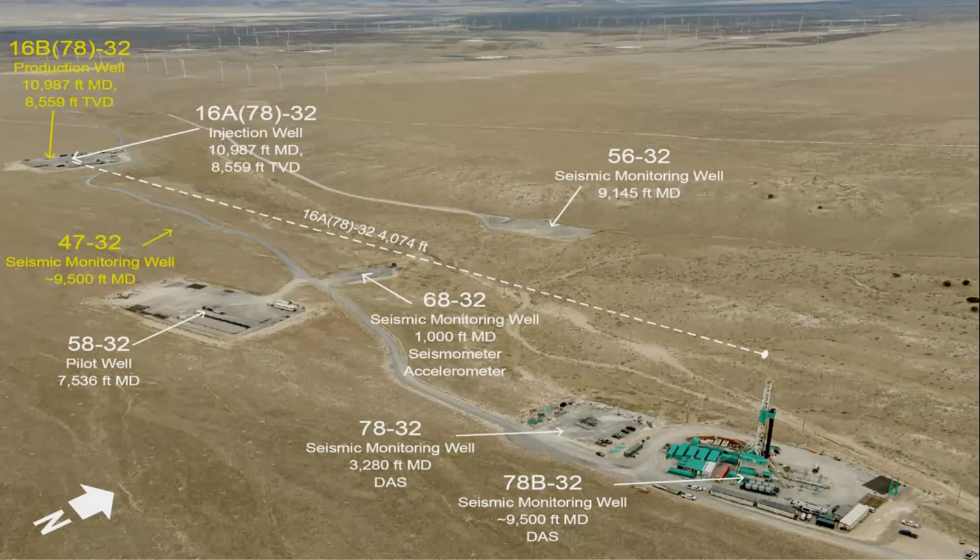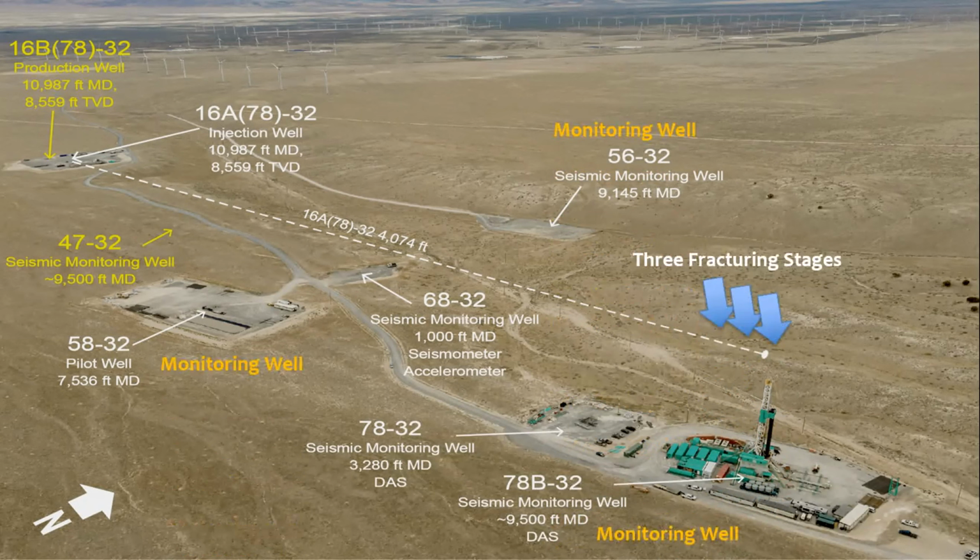Once again, we'll go back to this picture that we're treating down 16A, a 65-degree inclined well, drilled to the east-southeast in the direction of the minimum principal stress. 3 stages were done at the toe of the well, and 3 wells had geophones in them for detecting and locating microseismicity associated with these treatments.